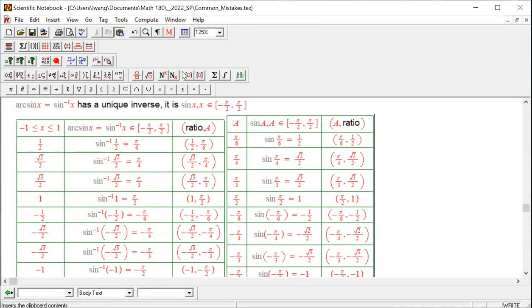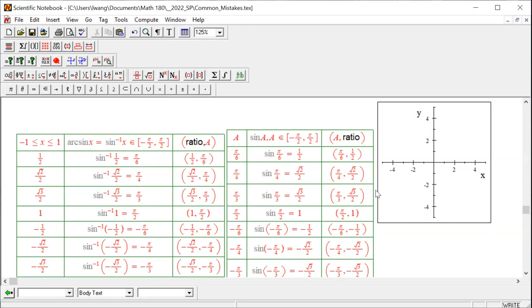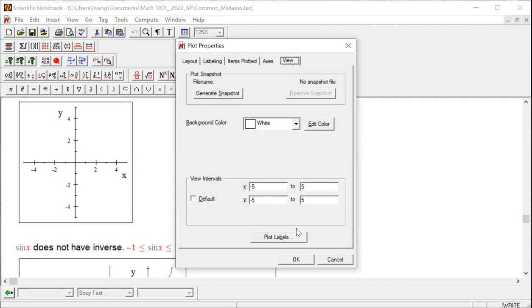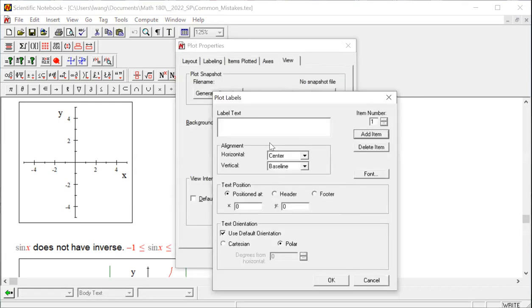For arc sine, we have a no-fly zone. So let me draw that no-fly zone right there.